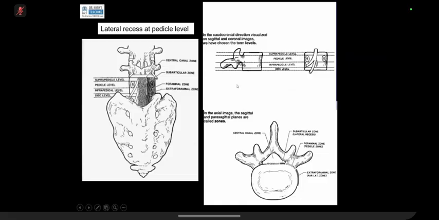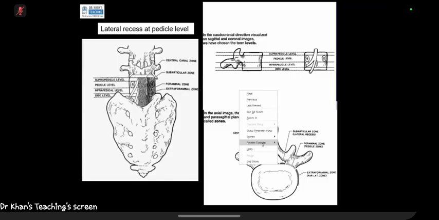So this is from the original article 2001, 2003. What I want to point out here is that this is the vertebral body. From here to here is the pedicle. Superior to the pedicle is the suprapedicular level, and then is the infrapedicular level. Another thing which I want to point out is that this is the pedicle, this is the pedicle. This structure here, let me go to a laser pointer.